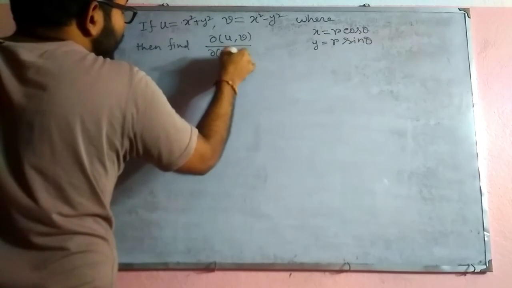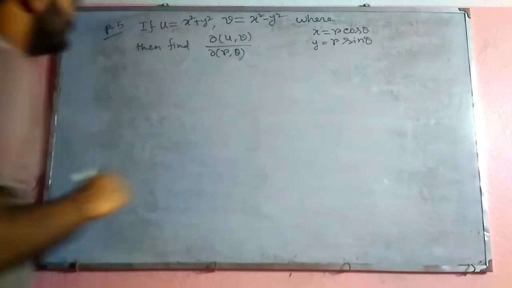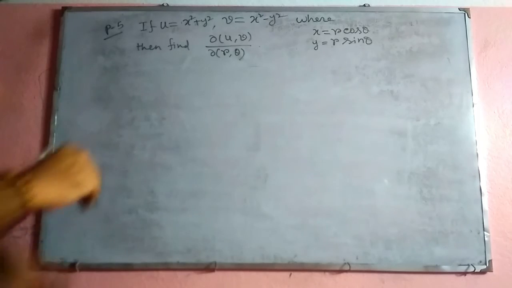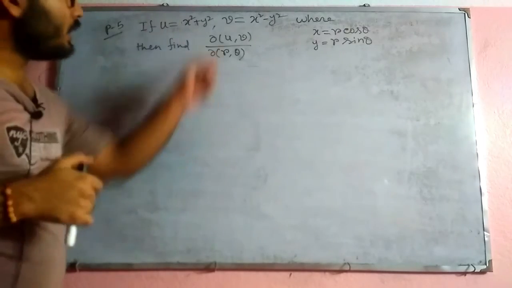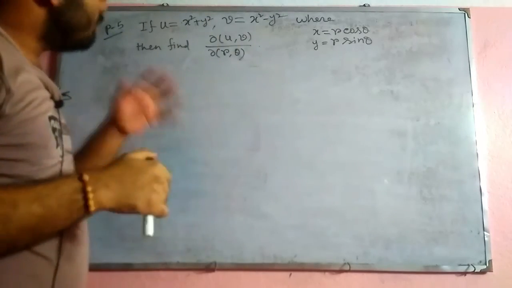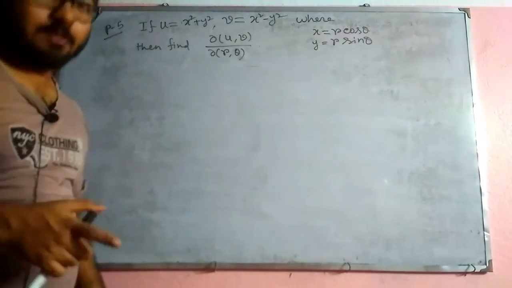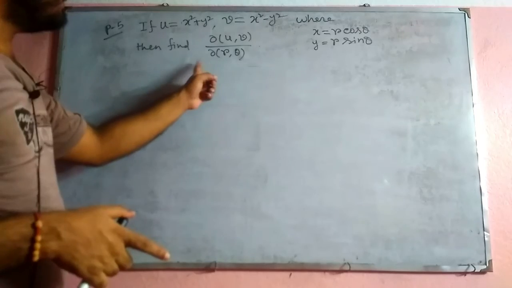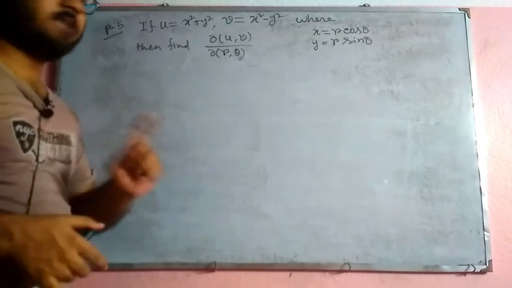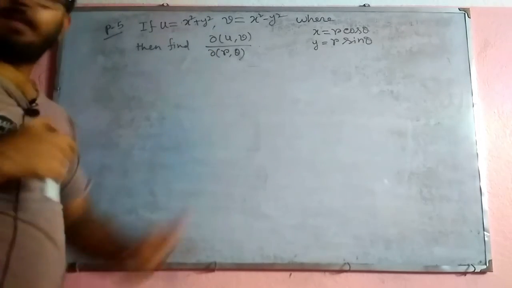See, here you have to apply the chain rule because u is a function of x and y and v is a function of x and y. But x and y are functions of r and theta, and we have to determine the Jacobian of u and v with respect to r and theta. So we have to apply the chain rule.